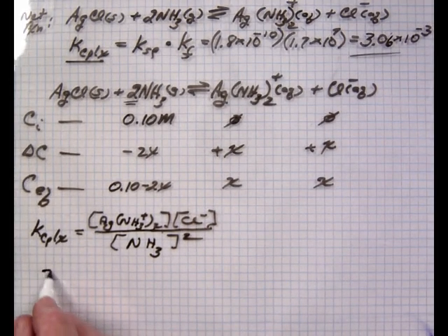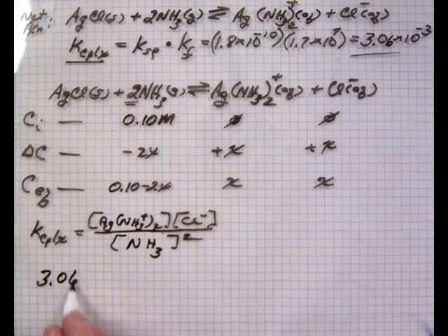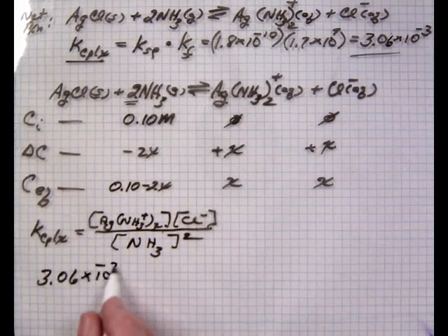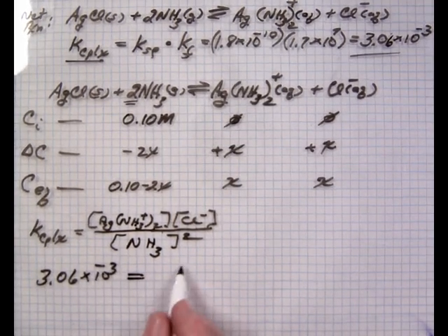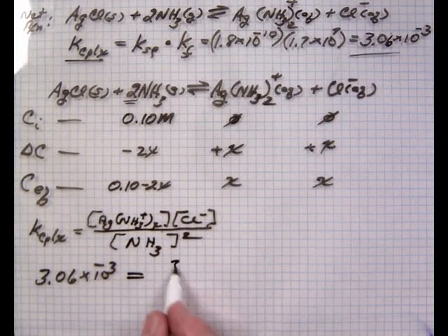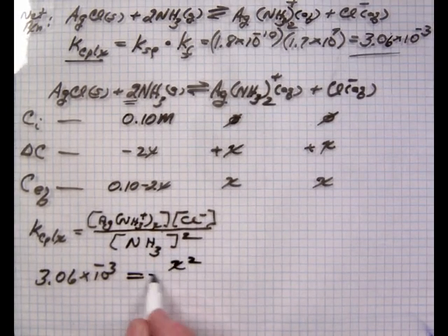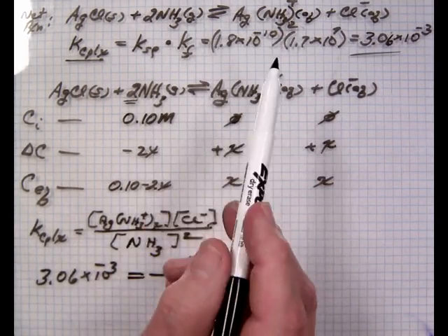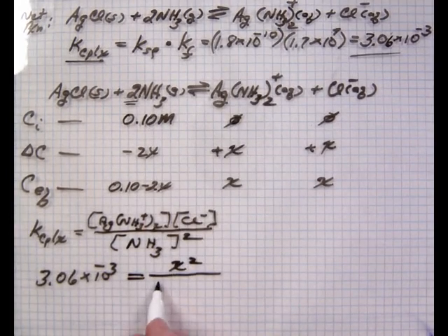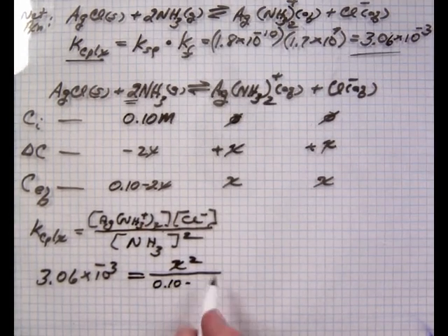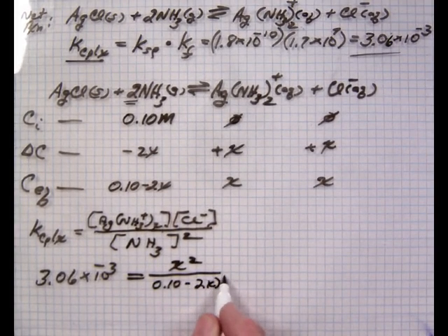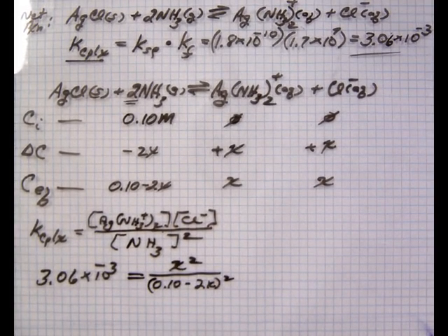So we can take the 3.06 times 10 to the minus 3, set that equal to x times x, or x squared, divided by 0.10 minus 2x, and we square that.